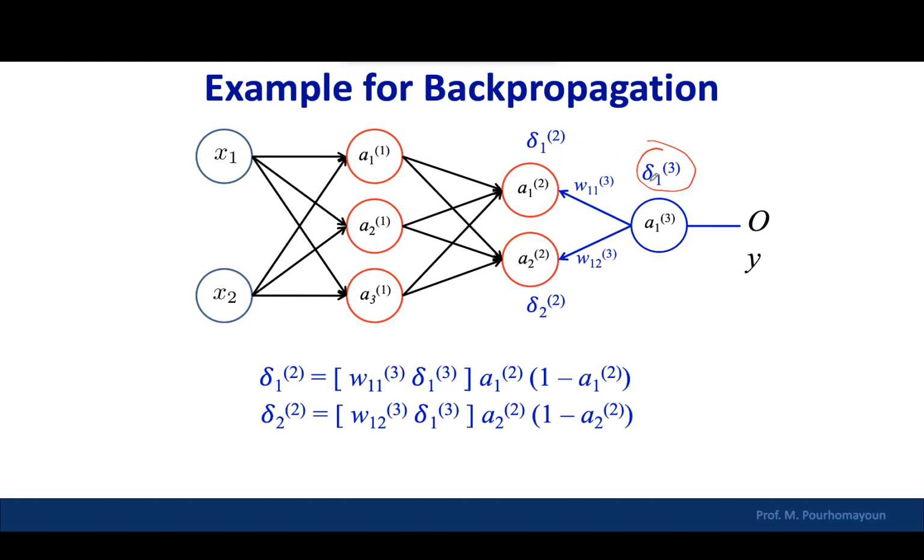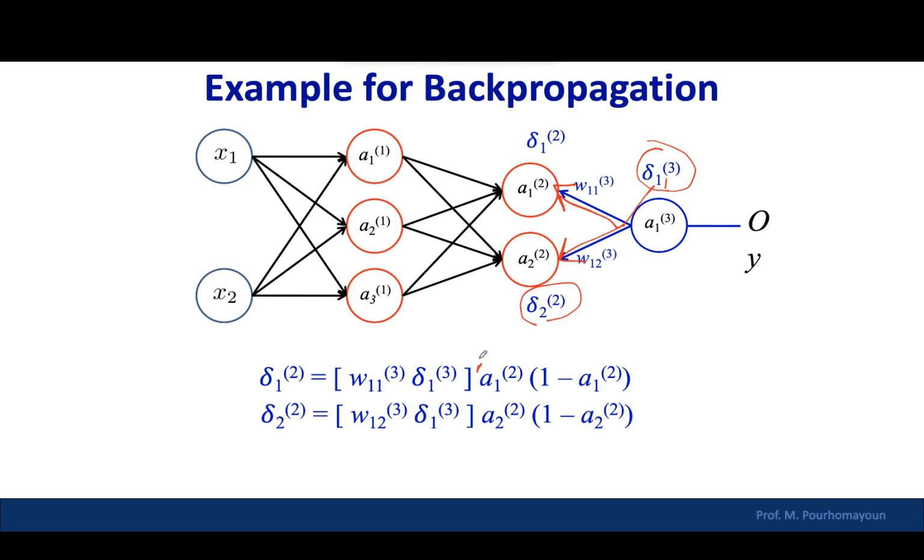So this was delta 1 3, so this guy will be delta 1 2, which is this one, backpropagate into the network. And again, this one backpropagate into the network will be this one.